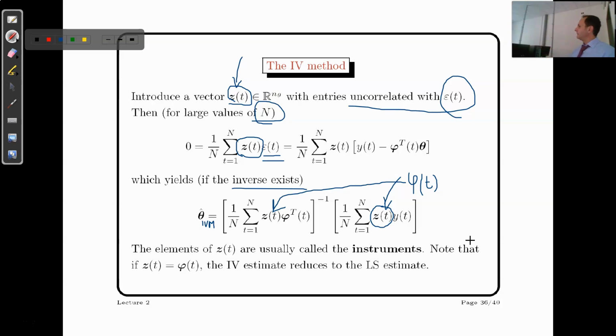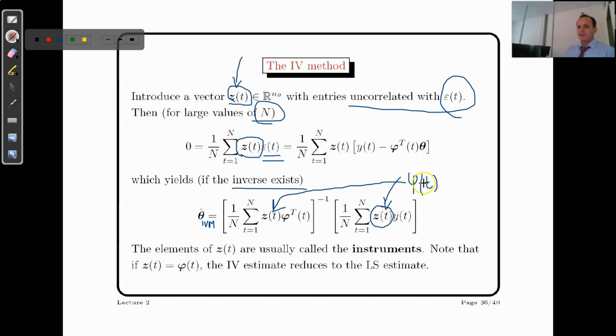of a variable. Of course the solution is very simple, but how can we obtain this z signal, because the idea is very simple, it's trivial. How can we generate this signal z?